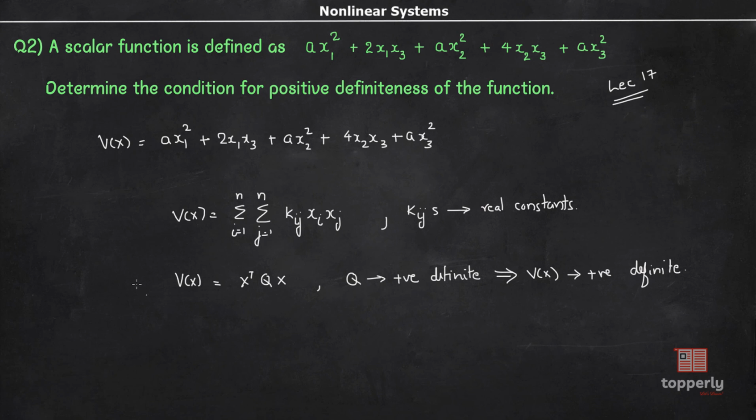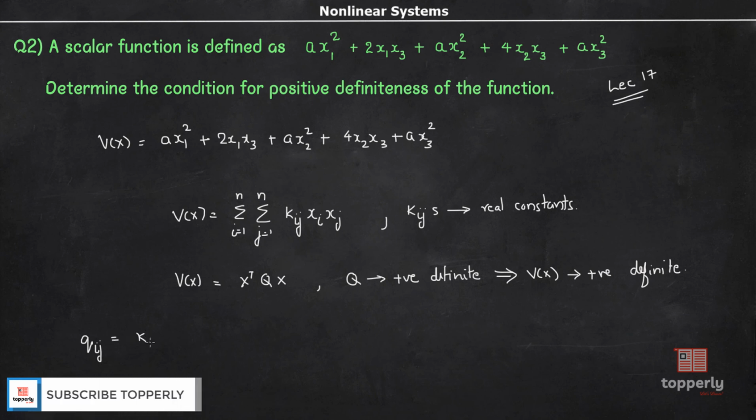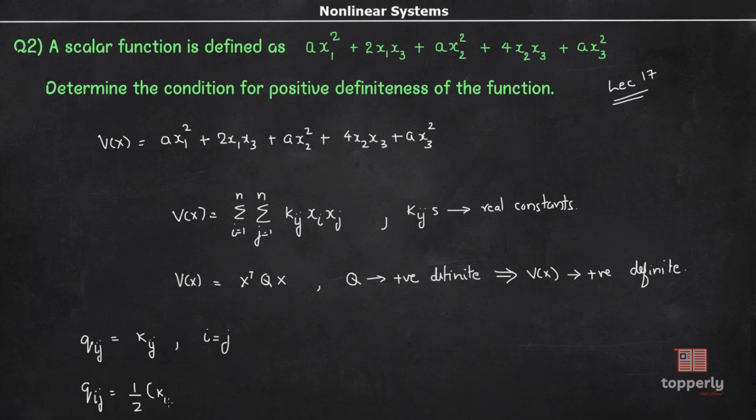Alright, so comparing these two equations, we get the relation qij equal to kij when i equals j, and qij is equal to half times kij plus kji, equal to qji, when i not equal to j. Also here we have x1, x2 and x3 present in the function.